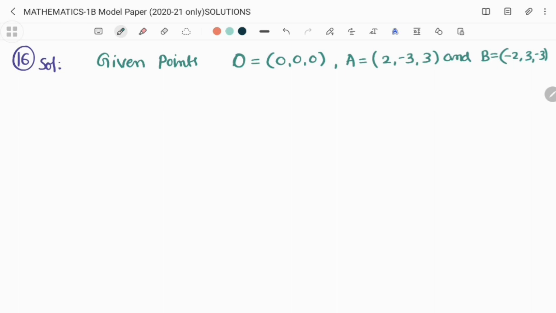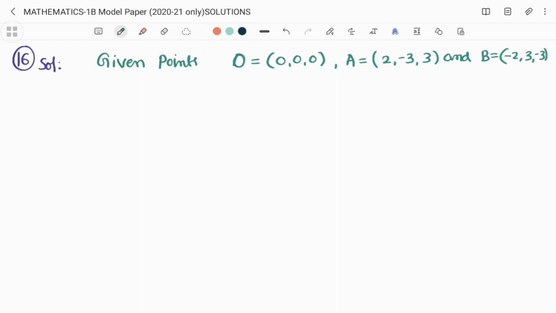Whenever three points are collinear, we have two methods. If the determinant formed by these 3 points is equal to 0, then the points are collinear. But here, why are we not approaching the determinant method? We will go for the distance method. If the sum of any two distances is equal to the third distance, then the points are collinear.